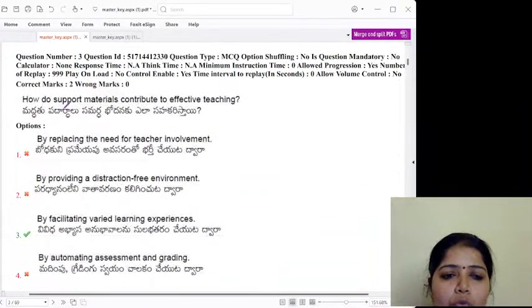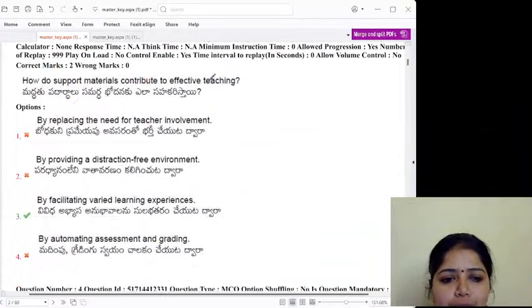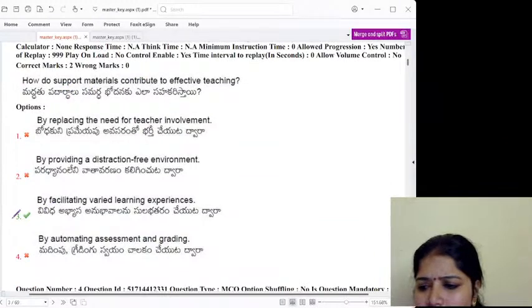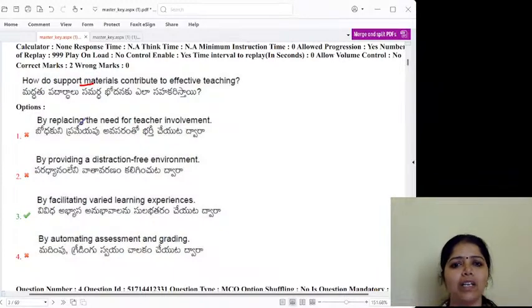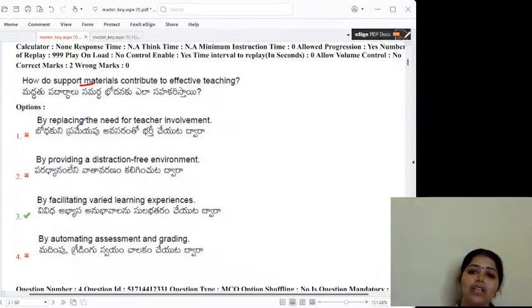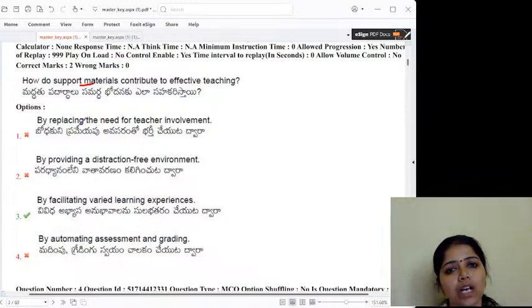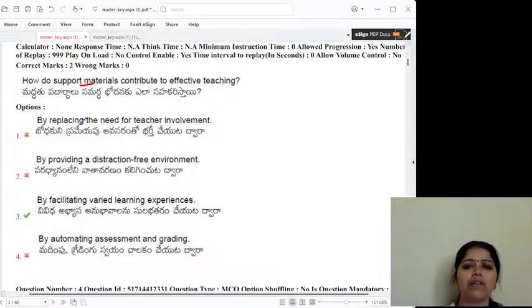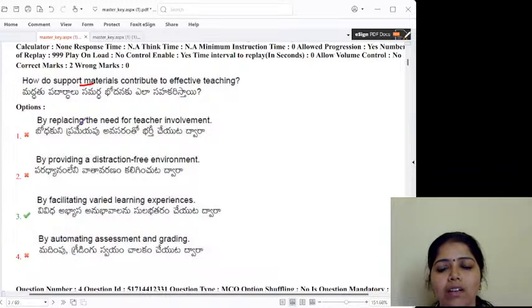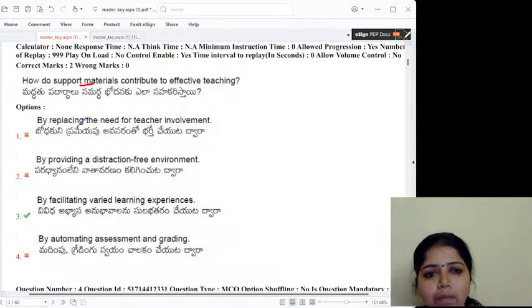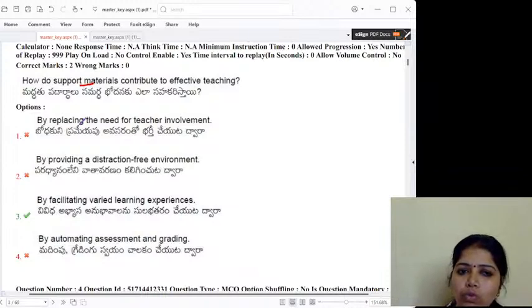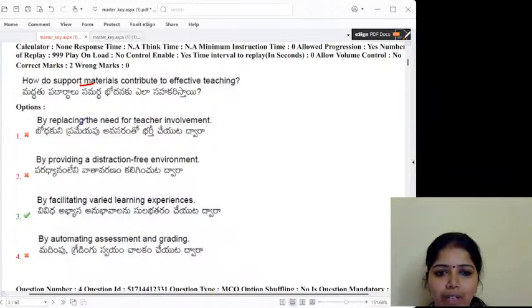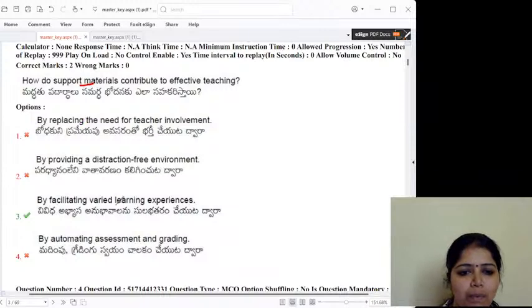And the next question: how do support materials contribute to effective teaching? This I feel is right. Support materials are the materials we provide to make teaching effective. In class we give PDFs, handwritten notes, and digital handouts. How do these contribute to effective teaching? They facilitate varied learning experiences.